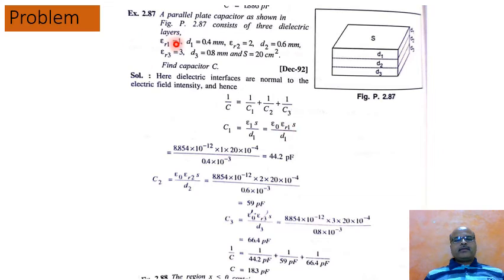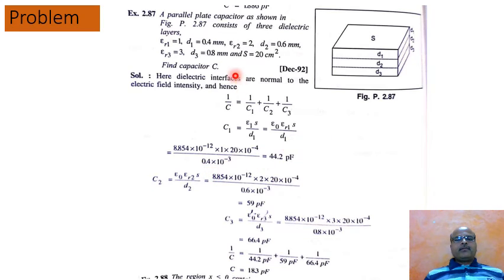Epsilon R1 is given as 1, into 20 into 10 raised to minus 4, since S is given as 20 centimeters square, that is 20 into 10 raised to minus 4 meter square, upon D1.